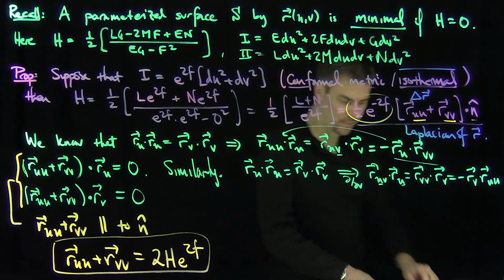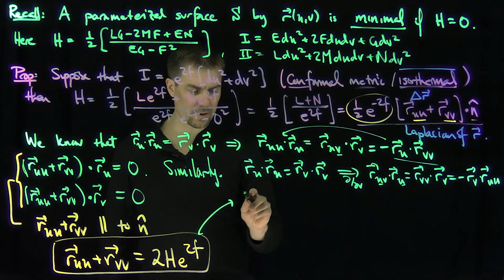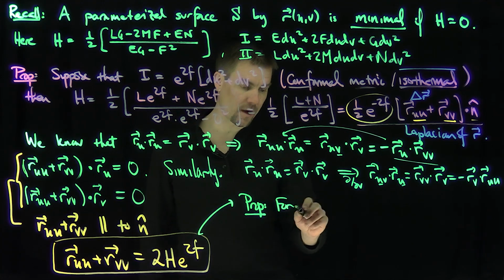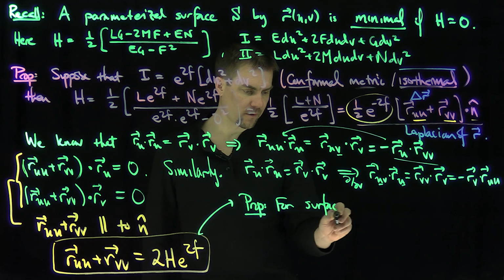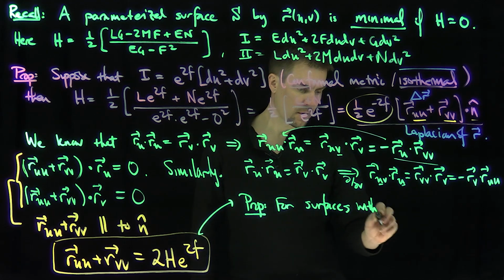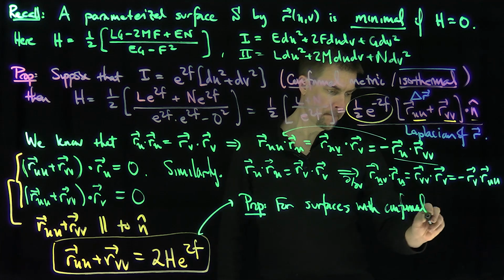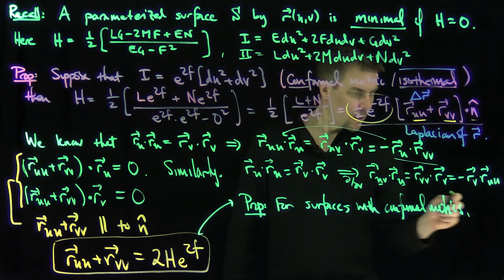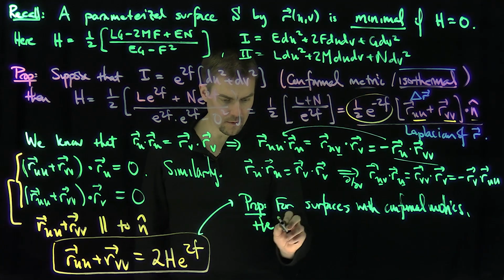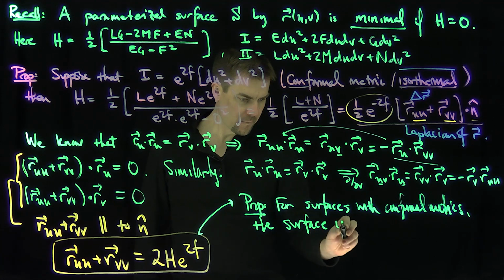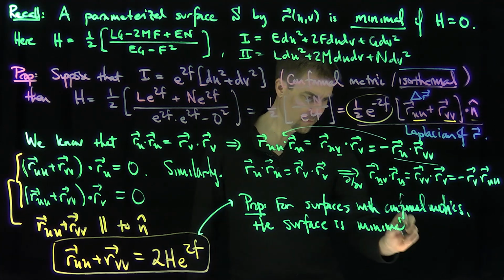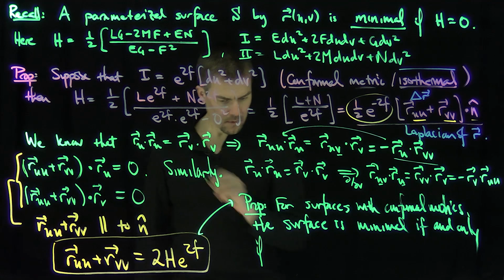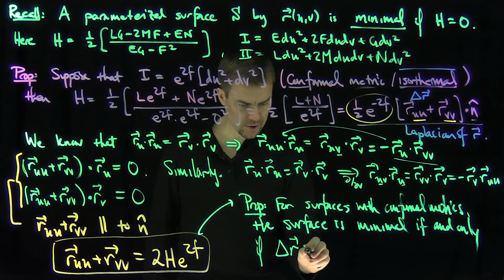And so now I can summarize this as a proposition. Proposition: for surfaces with conformal metrics, the surface is minimal if and only if the Laplacian of the parameterization is equal to 0.